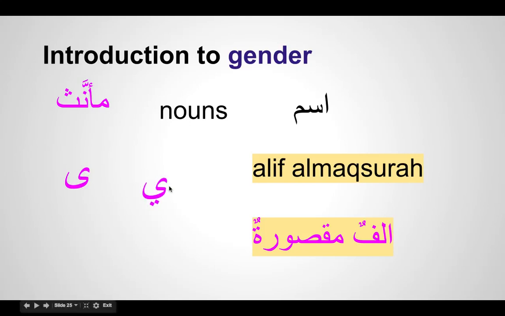What is this? This is basically ya, in which the dots have been taken away. So then this sound becomes a. It's no longer ya, it's a. That's why it's called alif. And because of this shape, it's called maqsoora. The sound of a, but the shape of ya, is called alif maqsoora.